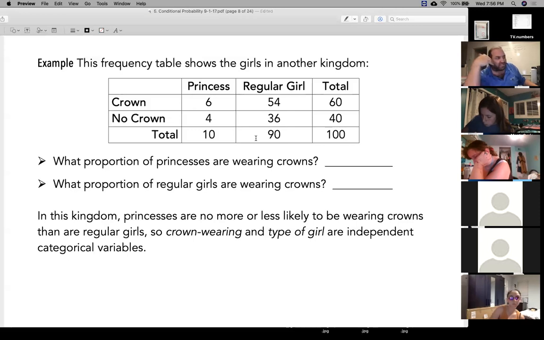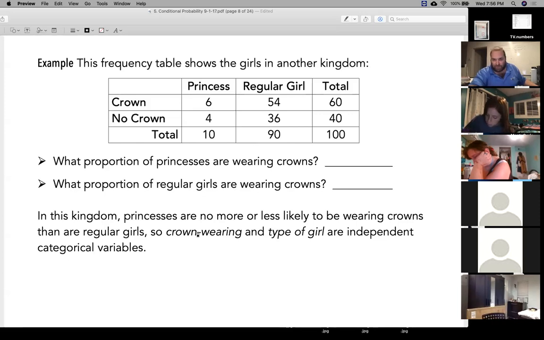So that gets into statistics, where how close to 0.6 for each one it is, and you get into a lot of math, which we'll get to later in the course, about determining whether or not you can conclude independence or not. We're not there yet. At this level, what we're focusing on is, are they the same or are they not the same? If they're the same, they're independent. If they're not the same, they're not independent.